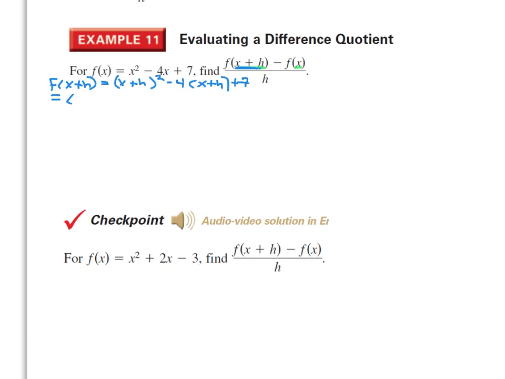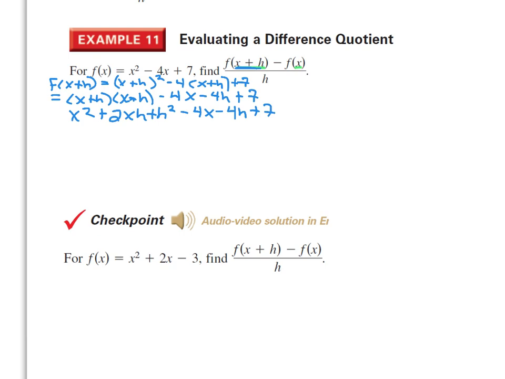So if I do (x plus h) squared, minus, take the 4 through, so x times x gives me x squared, xh and xh is 2xh plus h squared minus 4x minus 4h plus 7. That gives me the f of x plus h.